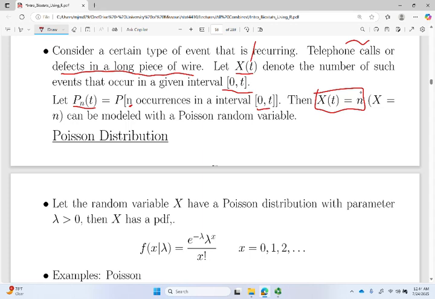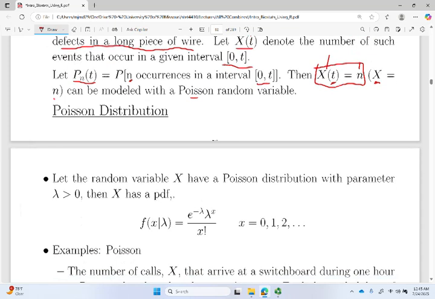So it's the probability that we see n occurrences of the event in interval t, from 0 to t. Sometimes we'll still just call it x, but we have to know the time interval. So x is the random variable, so x equal n can be modeled with a Poisson random variable.